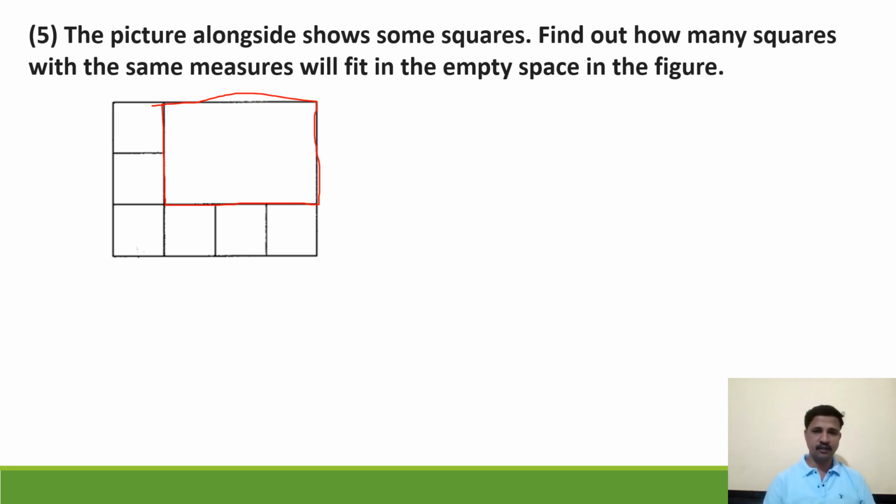1 small cube is 1 centimeter. This is 1, this is 1, and this is 1. So length is 3 centimeter, breadth is 3 centimeter, and this is 1 plus 1 plus 1 plus 1, this is 4 centimeter.